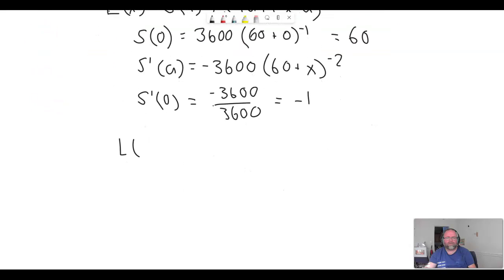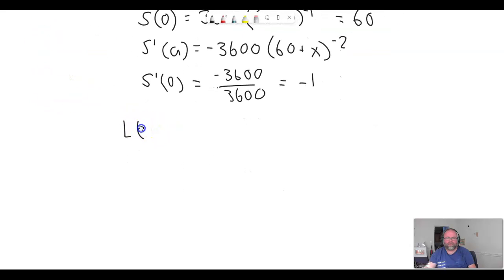And so the linear approximation formula evaluated at -5 is going to give us our s of 0, which we said was 60, plus our s prime of 0, which is -1, times x minus a.